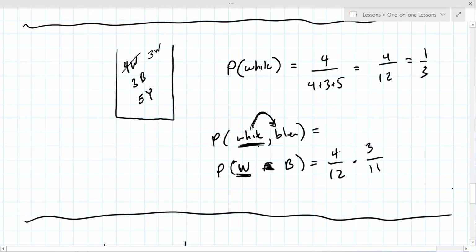So there are 4 whites in here out of 12, but to get to the blue, that assumes you took a white one out. Uh-huh. Okay. I sort of get it. Okay.